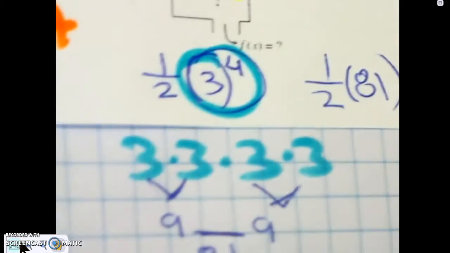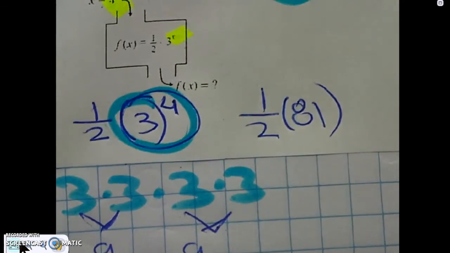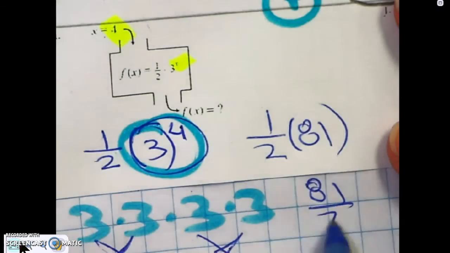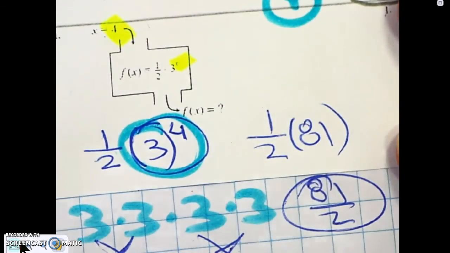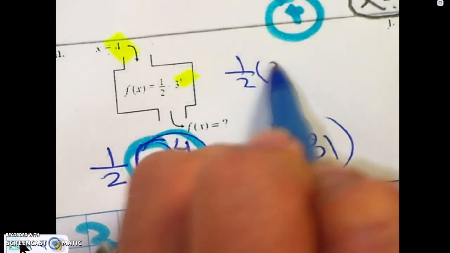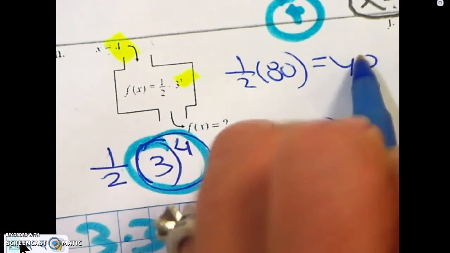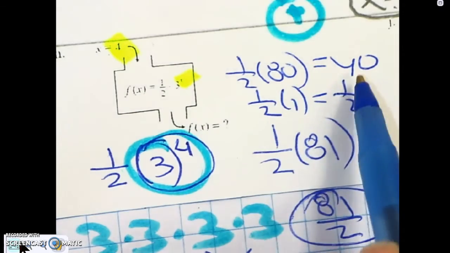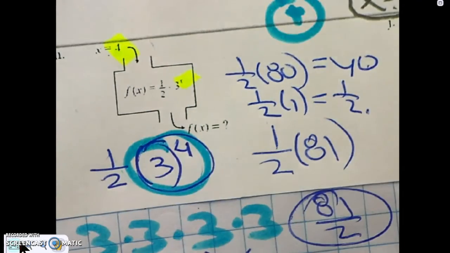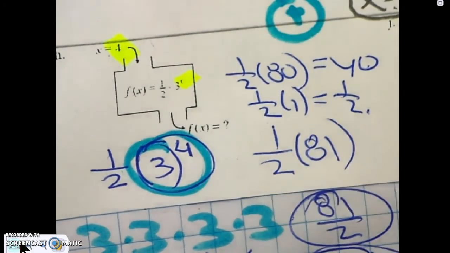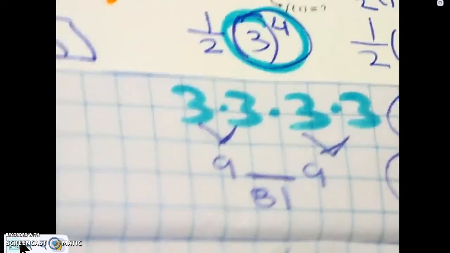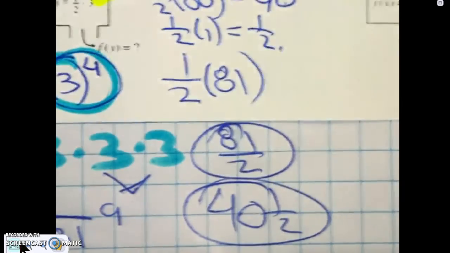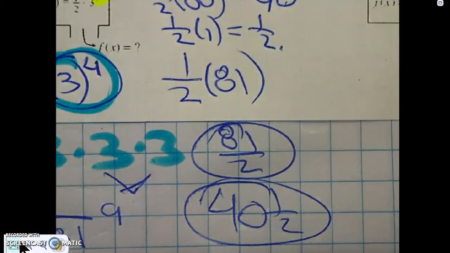Now this is kind of mean because it's hard to take half of 81. So you can just leave it 81 over 2, or you can look at it as half of 80, which is 40, and half of 1, which is a half, and 40 plus a half is 40 and a half. So honestly, that was kind of a hard one. Sorry, this notebook thing makes it a little bit difficult. Okay? Either one is acceptable.